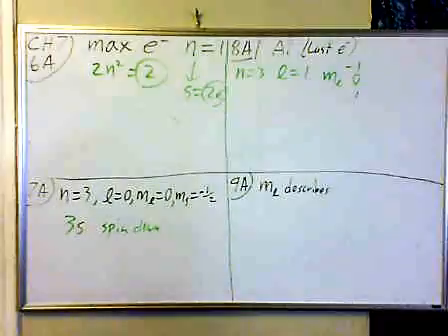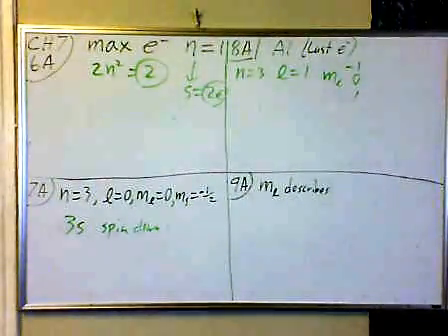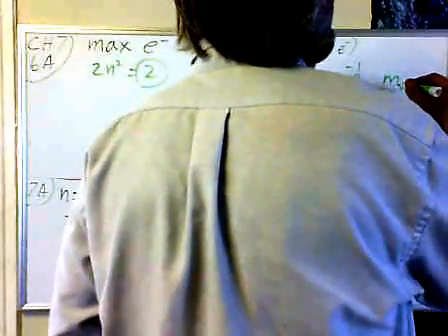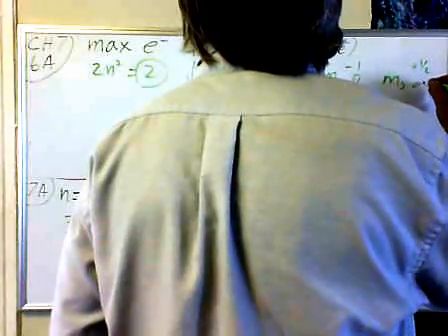That would be the 3 orientations of the p orbital. And then m sub S, the spin, could be either the positive 1/2 or negative 1/2.